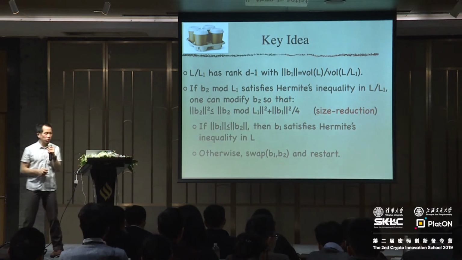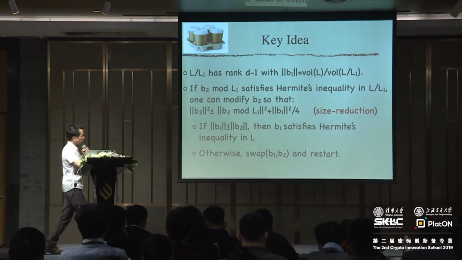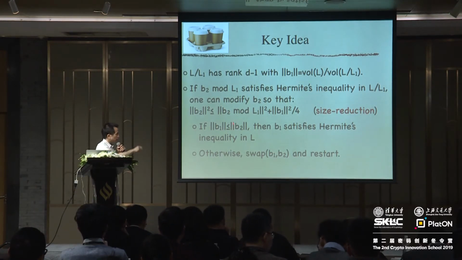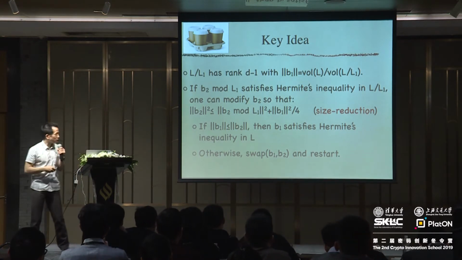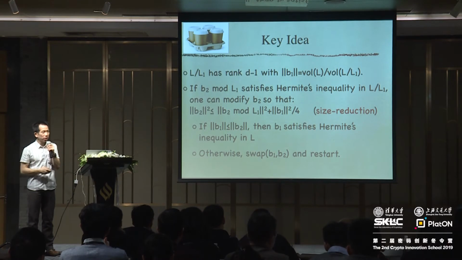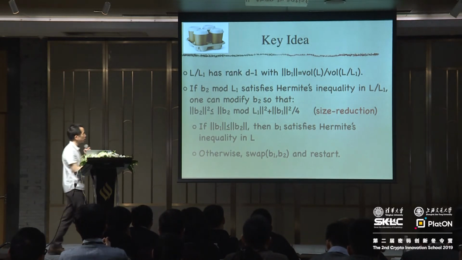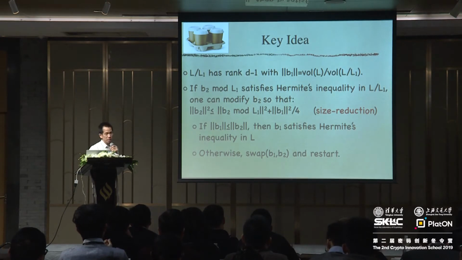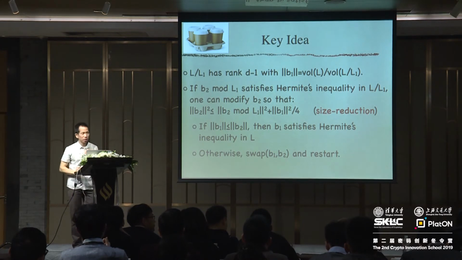And behind this induction, you deduce also an algorithm. You do it recursively, like this, and you do this swap operation. And if you do it precisely, you obtain the LLL algorithm. Okay. So the algorithm is just based on taking a quotient lattice, and lifting properly, that's it.